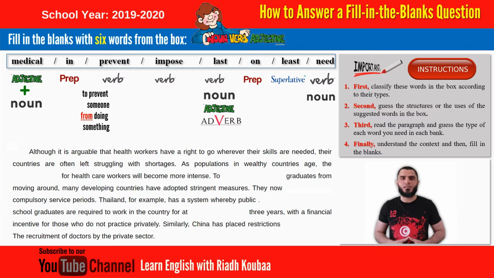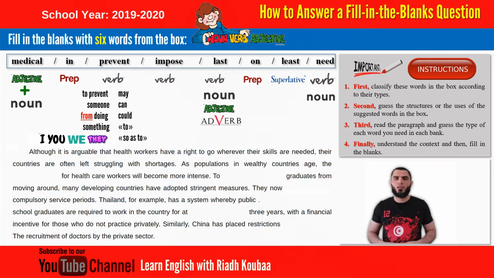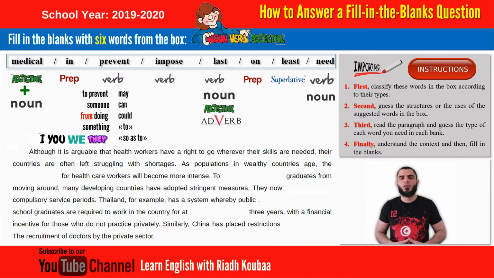In addition, it comes in the base form. If it's going to be used, it should be followed by a subject like I, you, we, they, or with modals like may, can, could, or with to so as to express purposes. Moving on now to the word least.